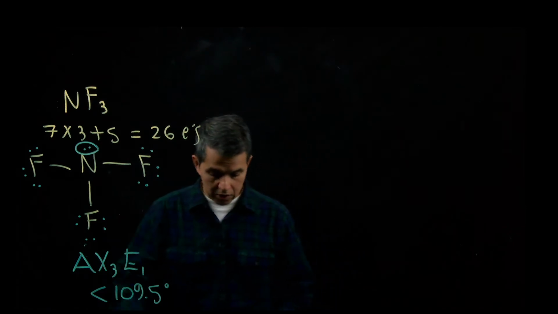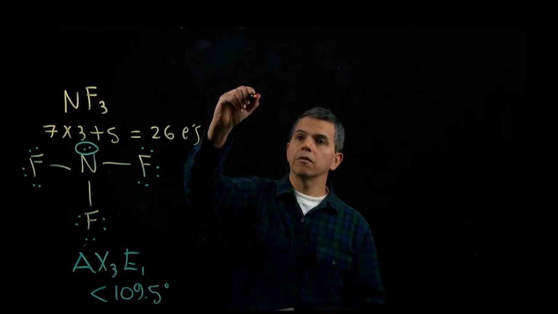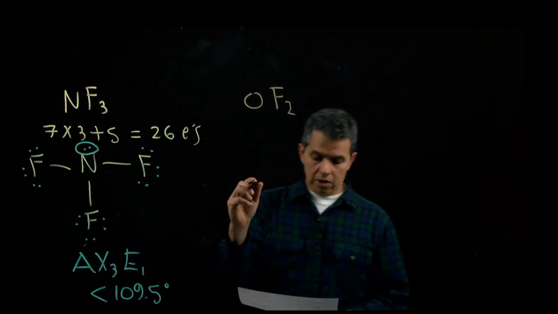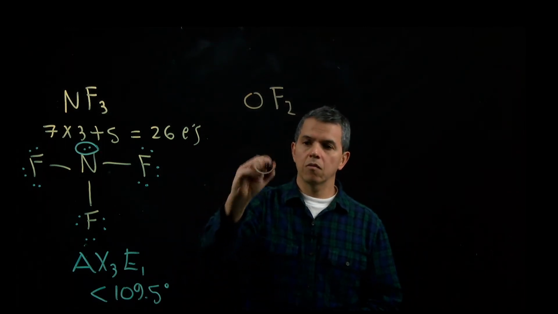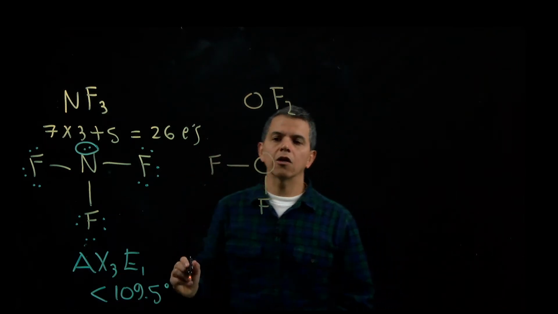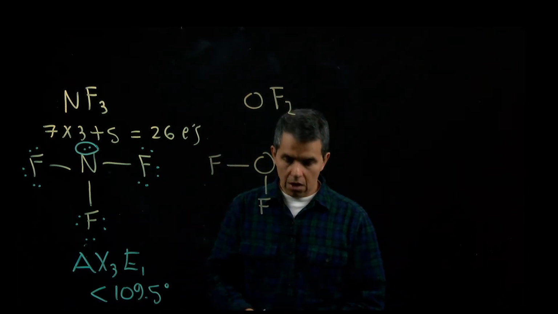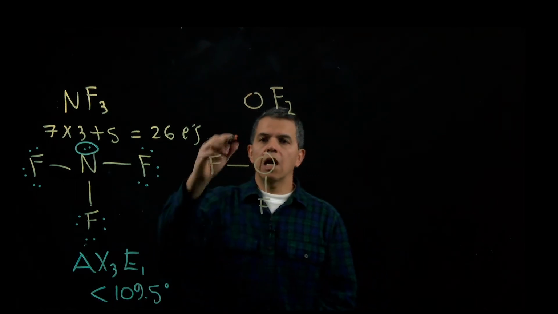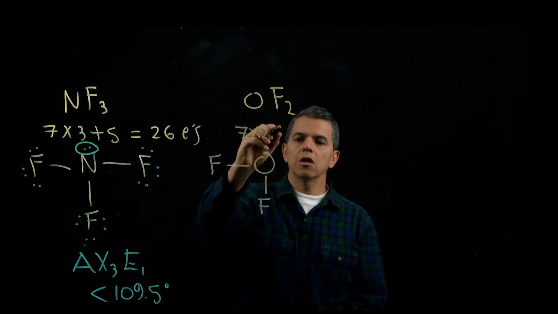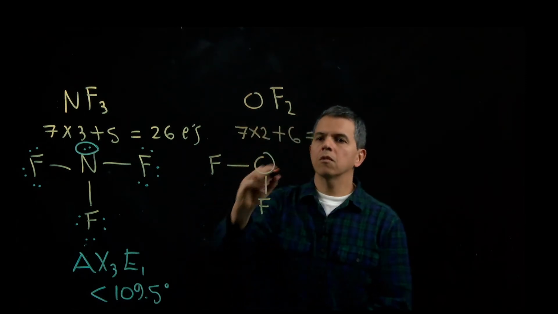Let's move on to the last structure, OF2. We are going to place as the central atom the oxygen, and we are going to connect 2 fluorine atoms to the oxygen. We have 7 electrons per fluorine atom times 2 plus 6 for oxygen.